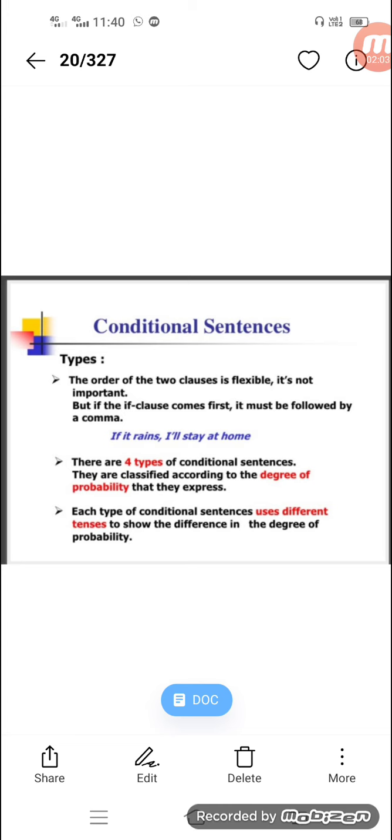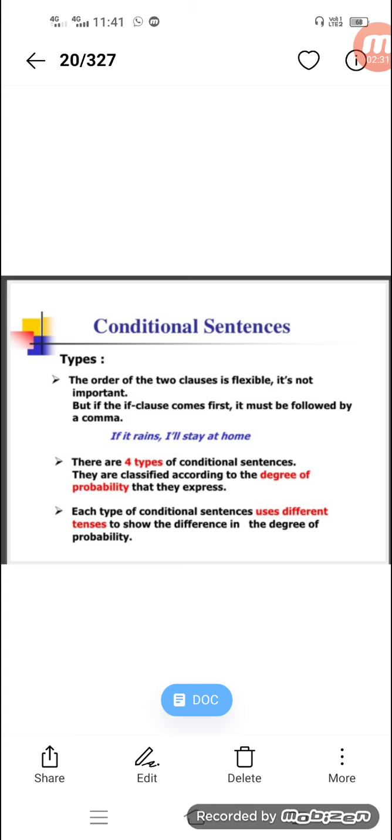There are four types of conditional sentences. They are classified according to the degree of probability that they express, depending upon whether the situation is fulfilled or not.